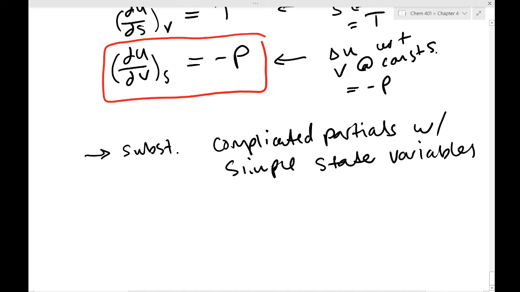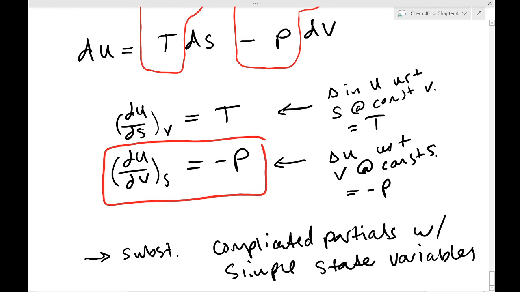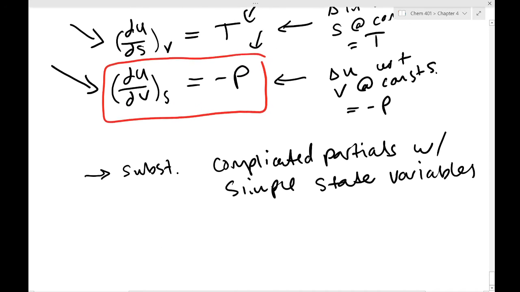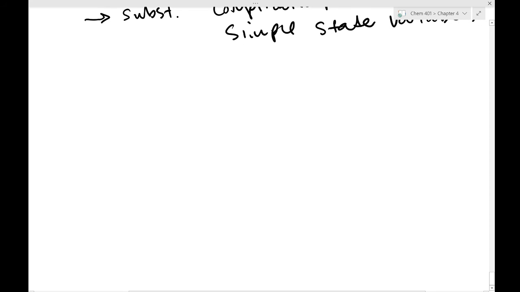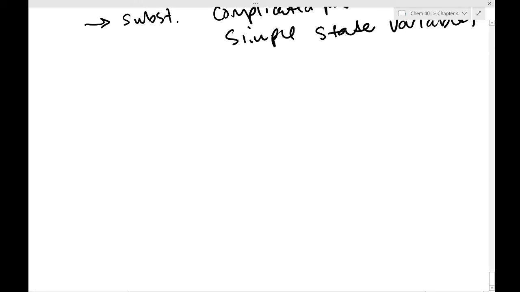We can substitute these complicated partials that we find in other derivations. We can simply plug in the temperature or the pressure or the negative pressure, and it's equivalent. So this helps us with derivations as well. And we can write these out for all four of the state functions. Okay, so let's do that here.